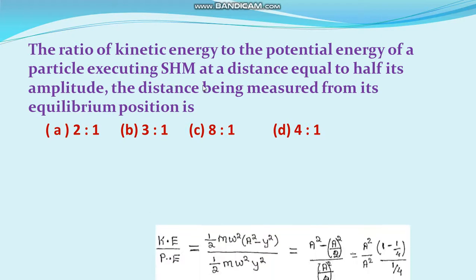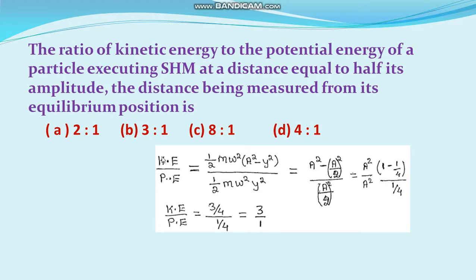So ratio of kinetic energy and potential energy, formula I am writing. Some terms cancelled, but displacement is given, half of its amplitude. That's why instead of y I am writing a by 2.